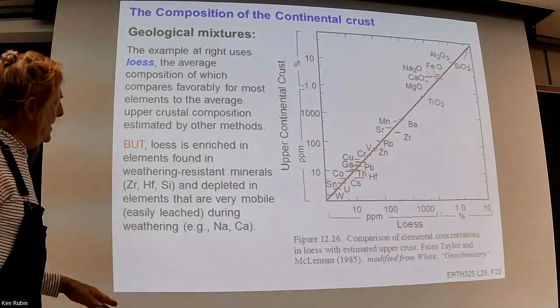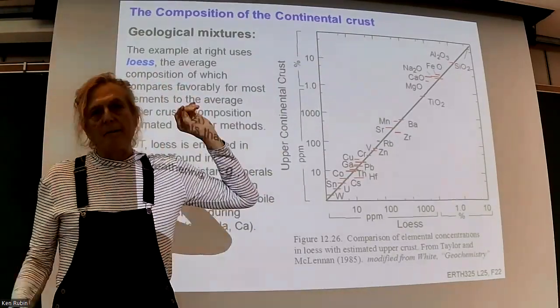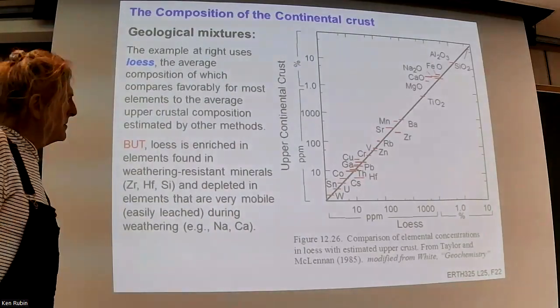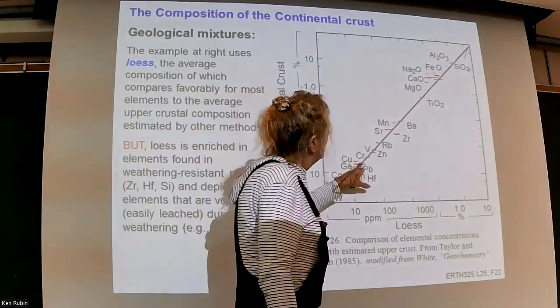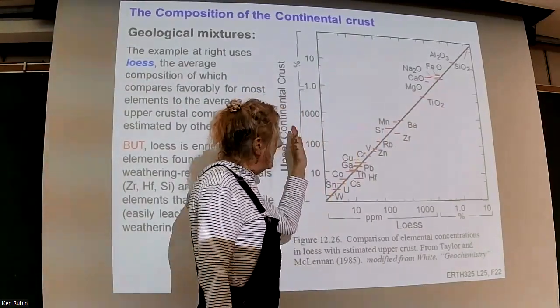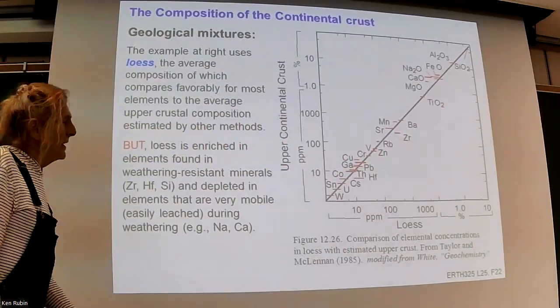And this is other estimates of continental crust that come from those kinds of calculations that we just went through with the various models and so forth. So this shows you the alignment. There are a few elements that are off the one-to-one line, but many of the elements that we find in loess are very similar to what we find in continental crust.